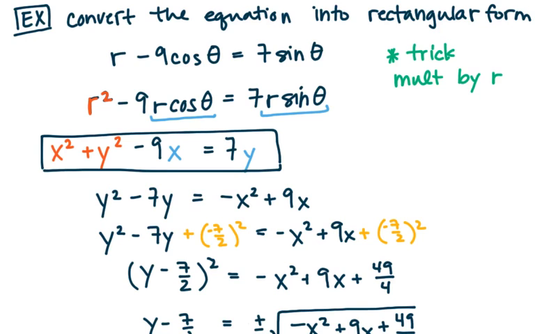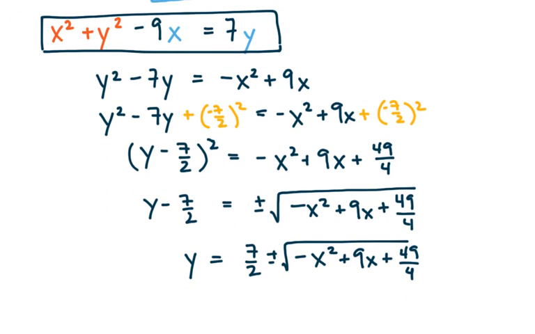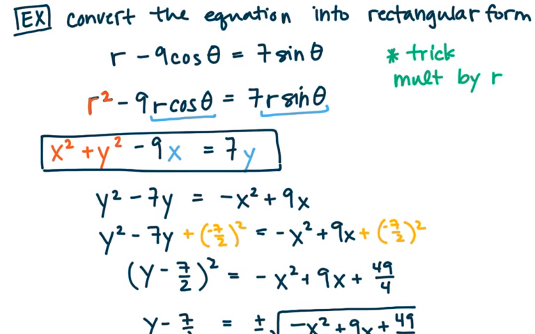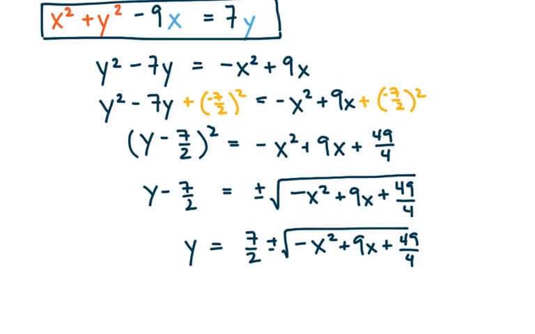So that allowed me to complete the square on the left. So I condensed it, and then I applied square root to both sides, plus or minus, which got rid of that square, and I moved the 7/2 over. So this is the rectangular form for this given polar equation, and you can see that this just seems much more unwieldy.